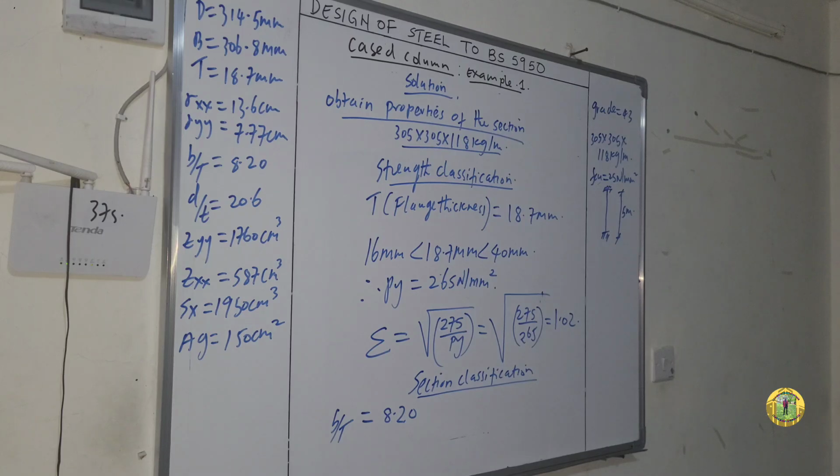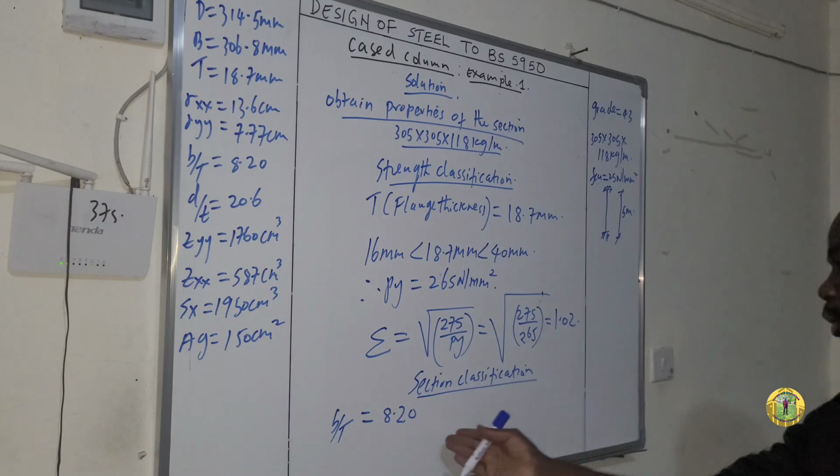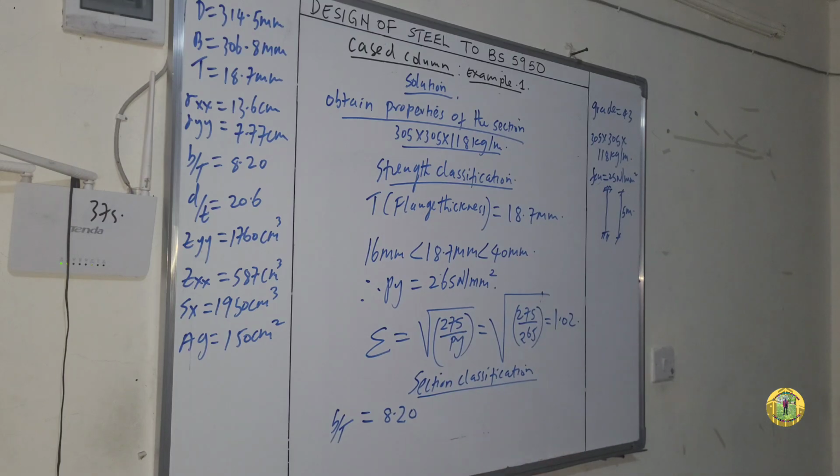So I'm not going to talk about that. Again, visit my introduction to design of steel to BS5950, or you can check one of my videos for beam design, and you will be able to see how this table can guide you on how to classify this section.